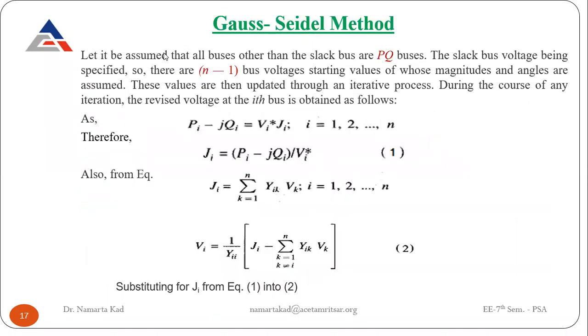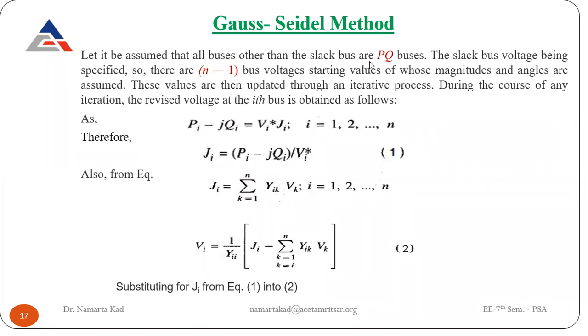Now, let it be assumed that all the buses other than the slack bus are PQ buses. This is the first assumption for our Gauss-Seidel method: all the buses are PQ buses and only one bus, the slack bus, is there in the system. The slack bus voltage is specified.